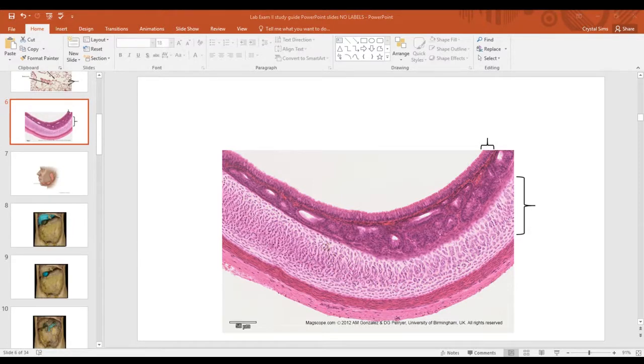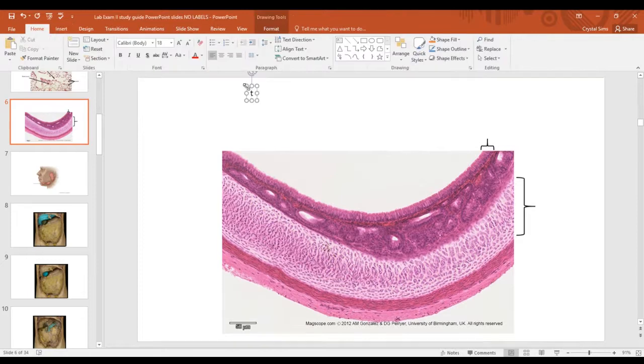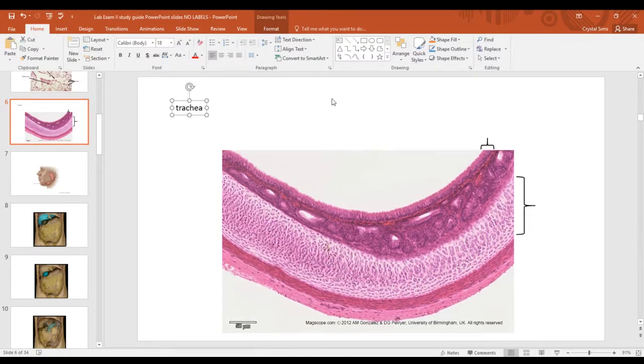Yes, this area here that leads to the alveoli is our alveolar duct, okay, and sometimes you can get that confused with the bronchiole.